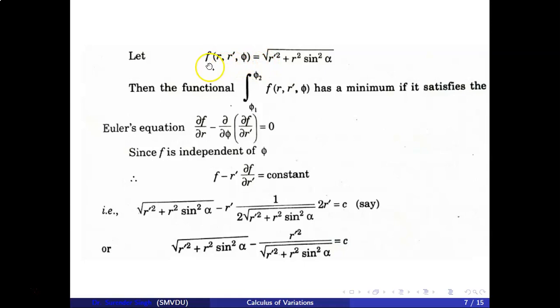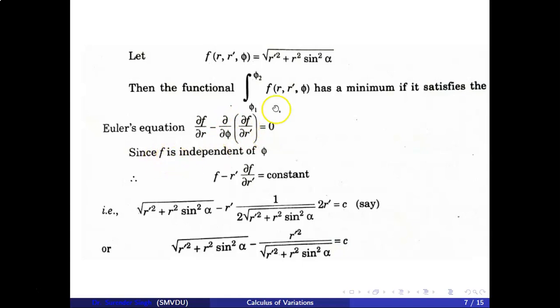So in this manner, the Euler equation accordingly changes to this form. Curly F over curly y was there, so in place of y, we are using r. Curly f by curly r minus d over d phi of curly f over curly r dash equal to 0. This is basically a total derivative. This is d over d phi, not partial.